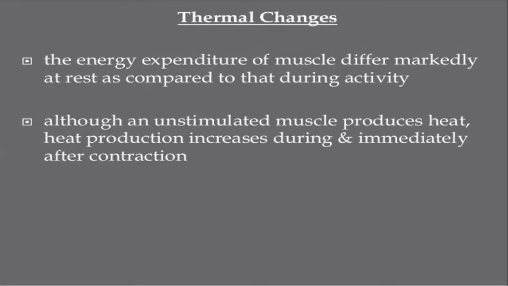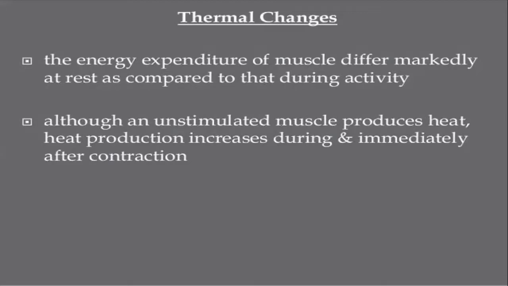So we will now discuss the heat production in muscle. Thermodynamically, the energy supplied to a muscle must equal the energy output. The energy output appears in work done by the muscle, in energy-rich phosphate bonds formed for later use, and in heat.